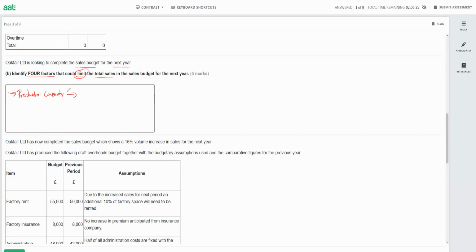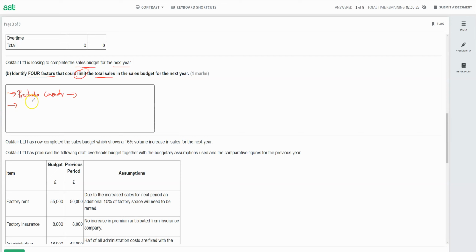For example, there is a breakdown of the machine, or you don't have enough skilled labor, or the resources you need to produce 174,000 units, you don't have enough capacity. For any reason, if the production capacity is not enough to fulfill the demand, you cannot fulfill the demand. So this is the first factor: production capacity.